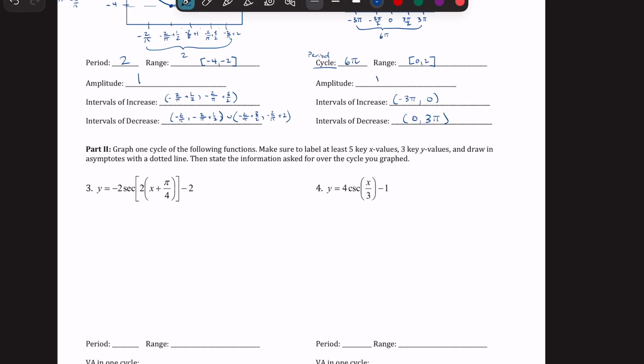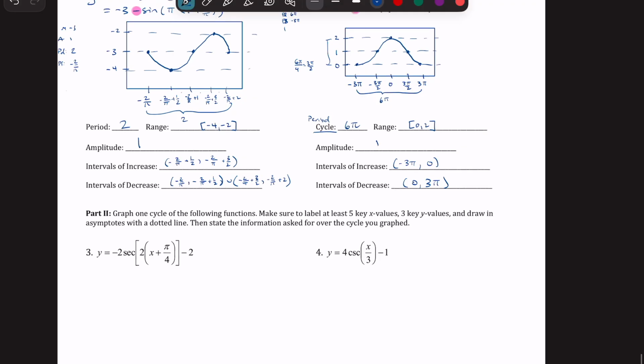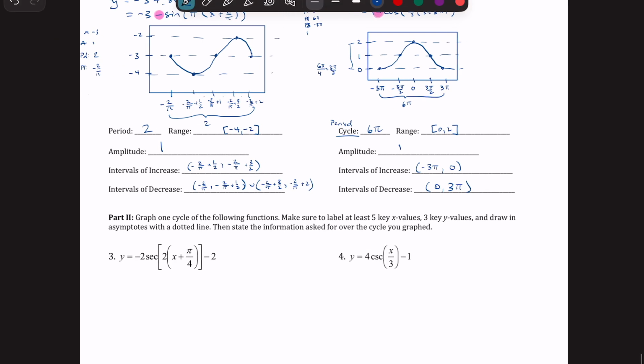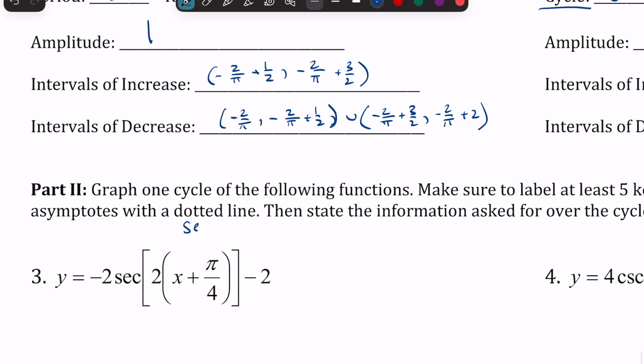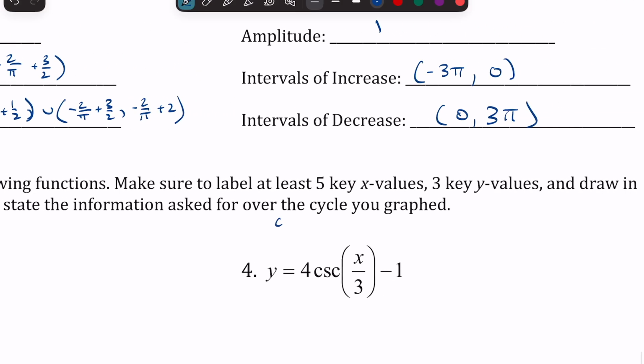Okay, so let's look at secant and cosecant. One thing to remember here is I know secant x is the reciprocal of cosine x, and I know cosecant x is the reciprocal of sine x.